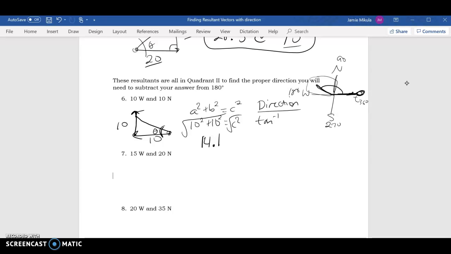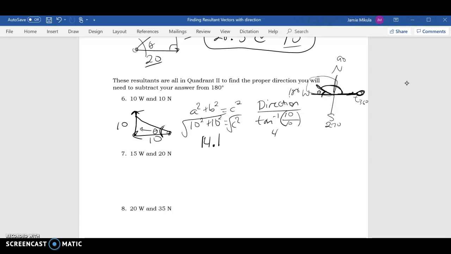And then to find the direction, we still do tan to the negative 1, but that's going to get this angle right here. So that's kind of like that angle up here in this picture. We're going to find that one, but then we have to subtract it from the 180, 180 minus that, to get that missing piece that we're looking for. All right, so tan to the negative 1, our opposite is 10. Our adjacent is also 10. So tan negative 1, 10 divided by 10.